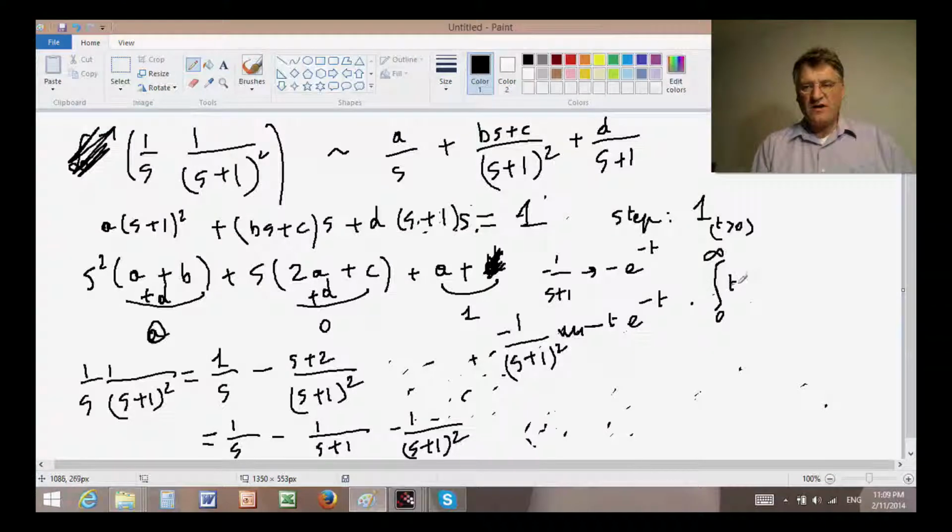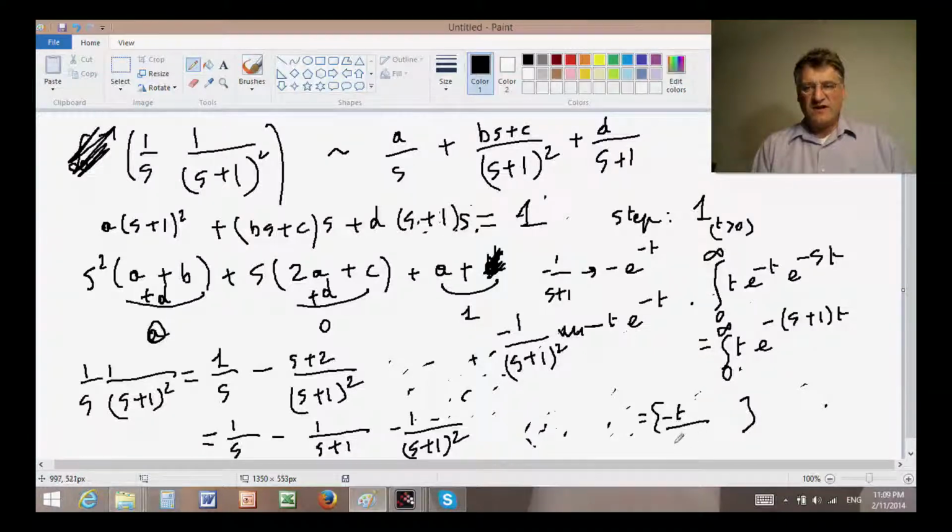I will skip the minus sign for now. t e to the minus t e to the minus st, which is the integral from 0 to infinity of t e to the minus (s plus 1) t, which I can integrate by parts to obtain minus t divided by (s plus 1) times e to the minus (s plus 1) t taken between 0 and infinity, and that is 0, and then plus 1 over (s plus 1) times the integral from 0 to infinity of e to the minus (s plus 1) t.